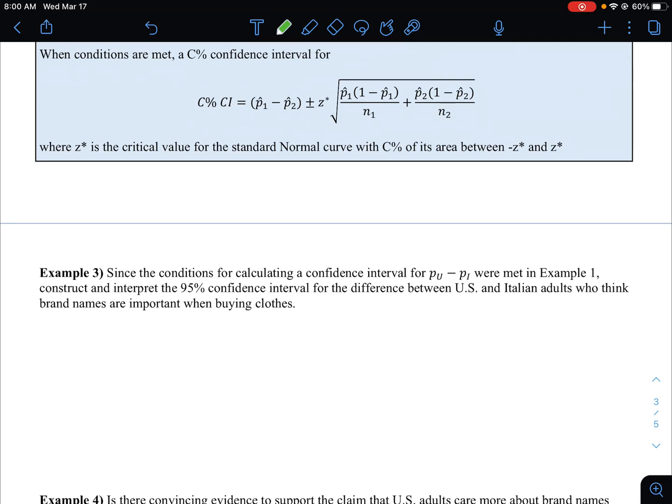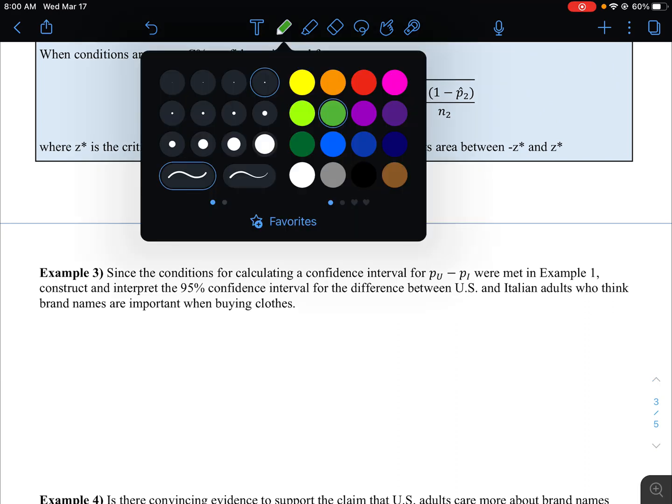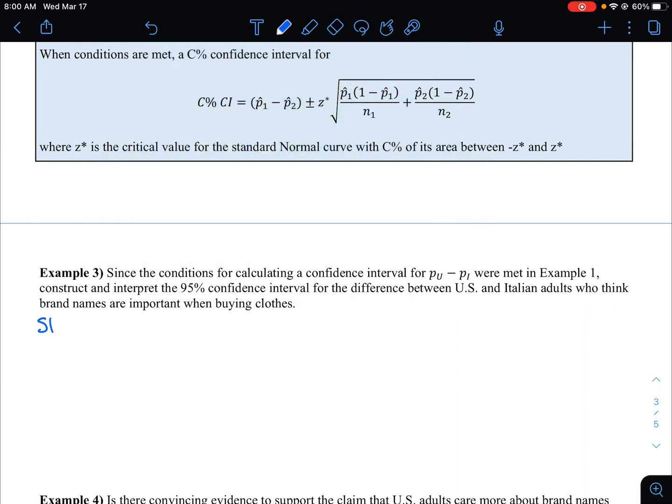But let's just go ahead and kind of remember the step process. So step one was state, okay?